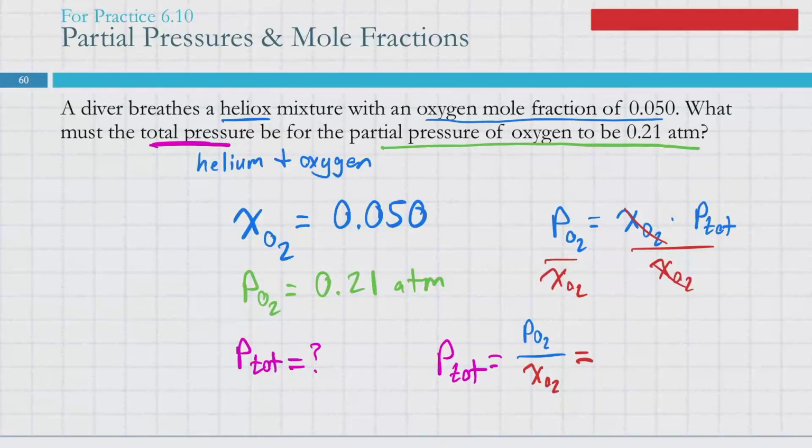So our partial pressure of 0.21 atmospheres divided by 0.050, so our total pressure would have to be 4.2 atmospheres. So this would be like 32 meters underwater.